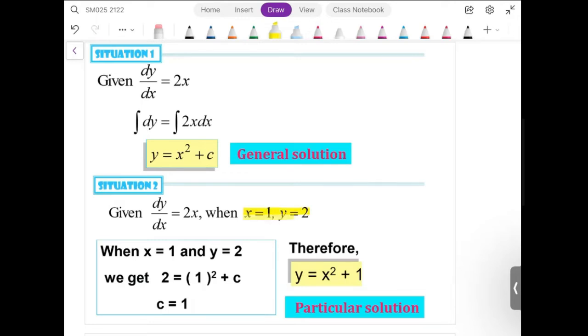Tu, maklumat lebih kan. X equal to 1, Y equal to 2. So based on those info, we have to find value of C. Means that our solution would be particular solution. Dah tak ada plus C. Means we have to find value of C lah ni tadi. Okay. Itu beza general solution, particular solution.